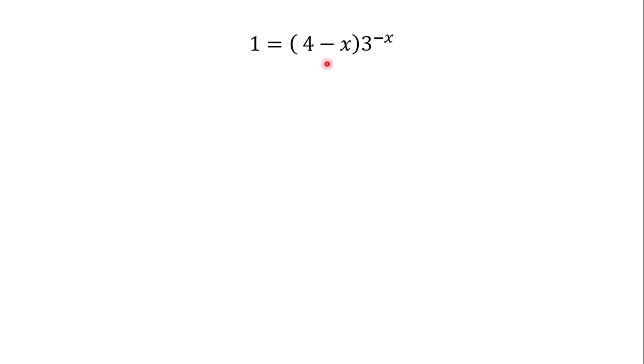We just rewrite it: 3 raised to the power minus x multiplied by 4 minus x is equal to 1. Now, 4 minus x is the same thing as minus x plus 4. Minus x plus 4.